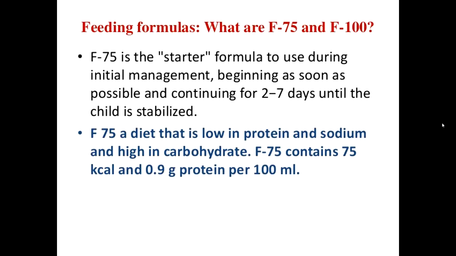Now this formula is low in protein, low in sodium, high in carbohydrate. The protein content is very low, something like 0.9 gram per 100 ml, and it provides 75 calories per 100 ml.